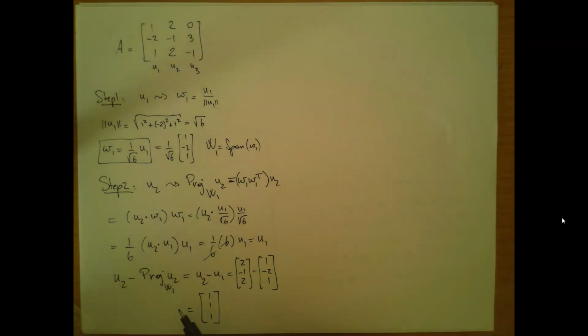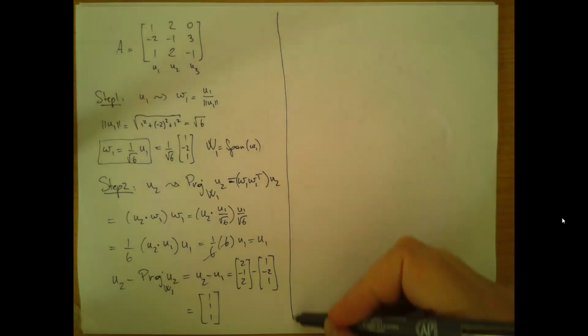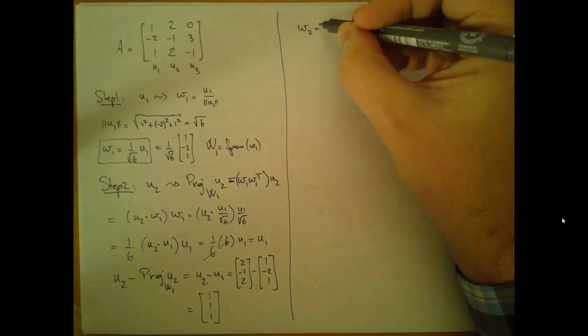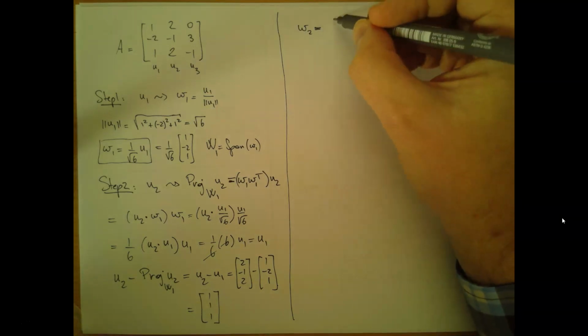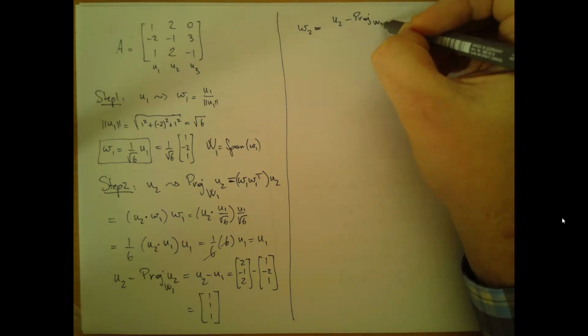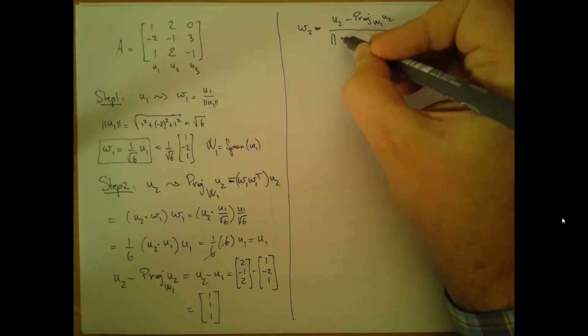Great. And so finally, to define W2, W2 is the normalized orthogonal vector, so it's going to be u2 minus the projection over the norm of that.